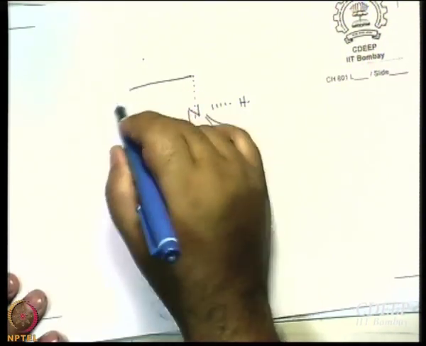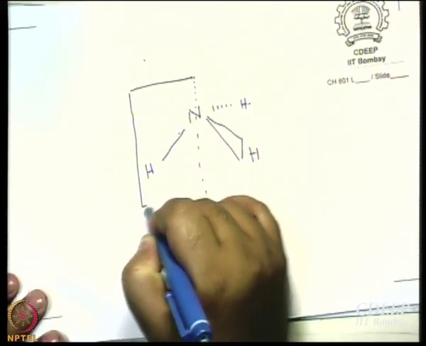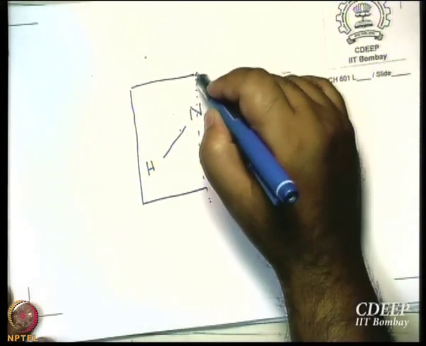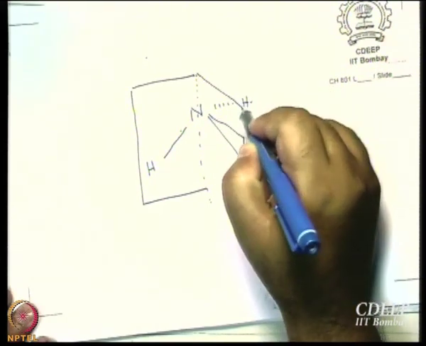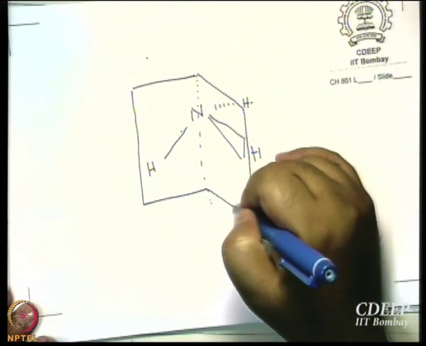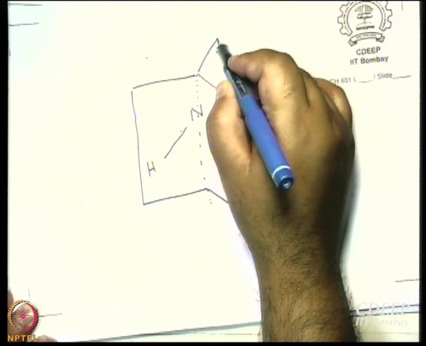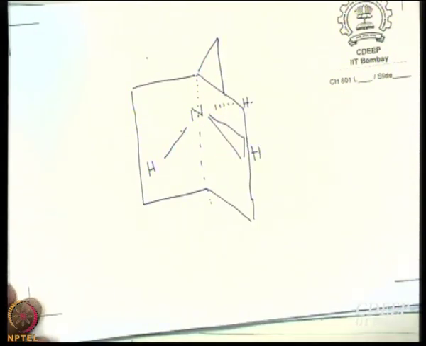So, I can draw it like this. This is one plane. This is another plane. I hope you get the orientation. It is along that bond that was pointing towards you, and this is a third plane, right? Like 3 blades of a fan.